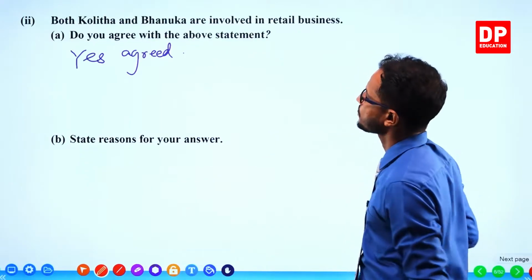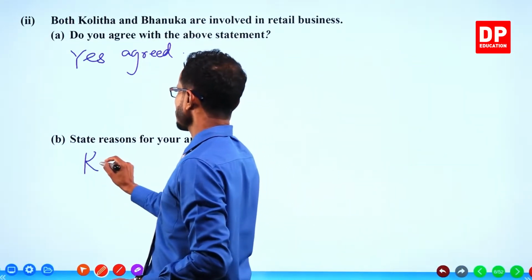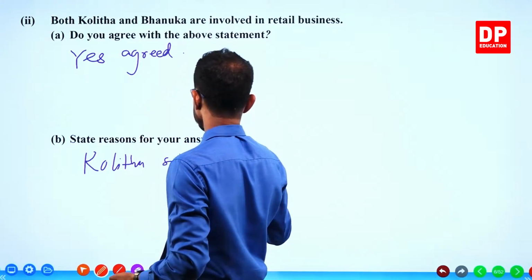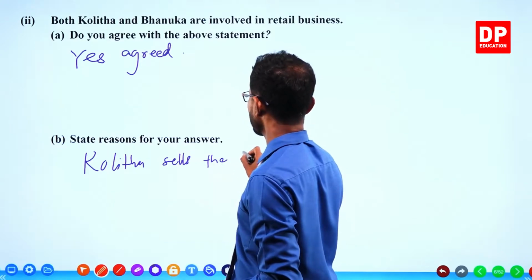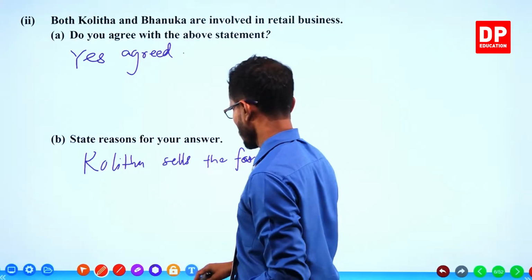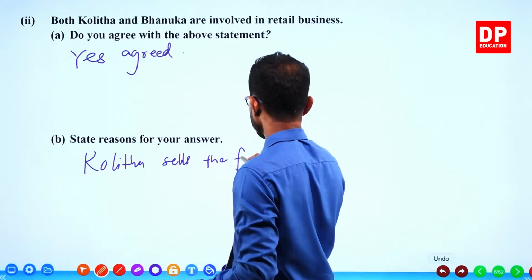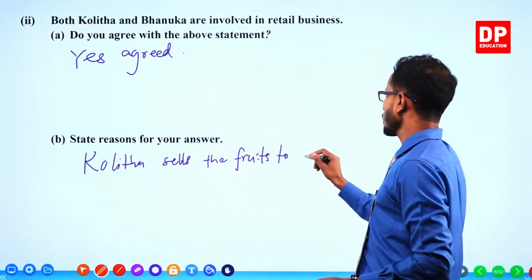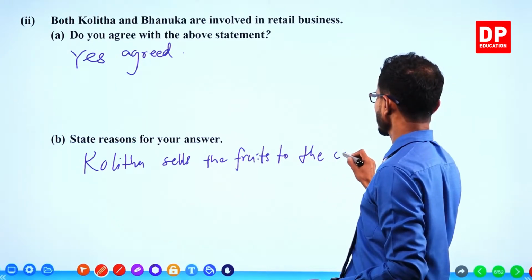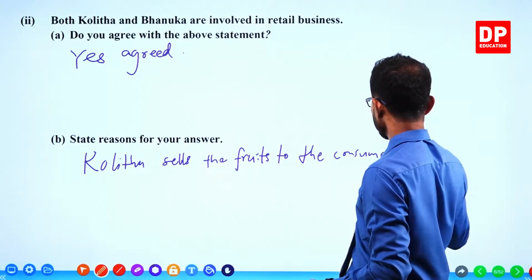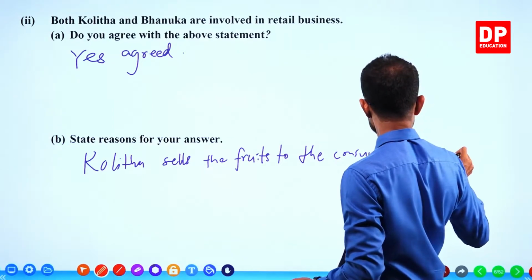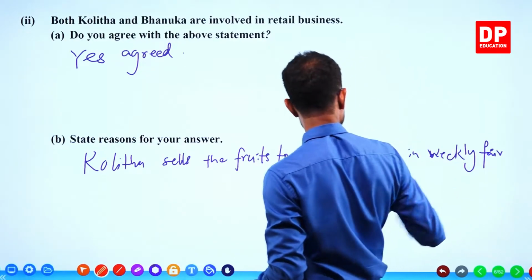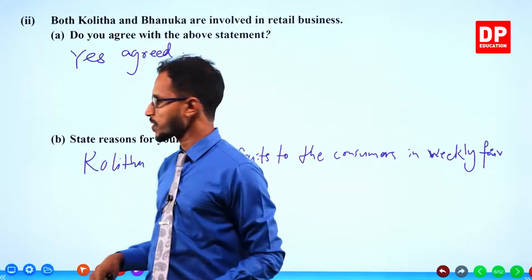Let's go and write that. Koolitha sells his fruits to the consumers in the weekly fare.